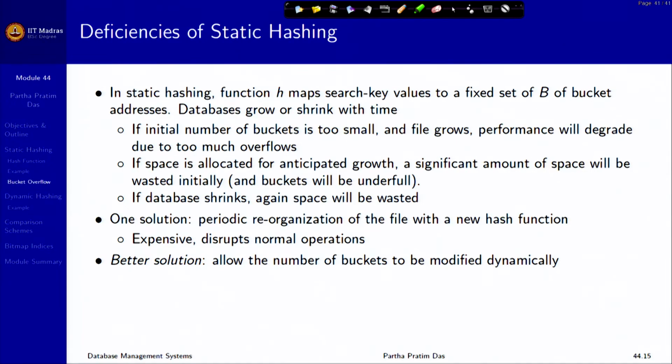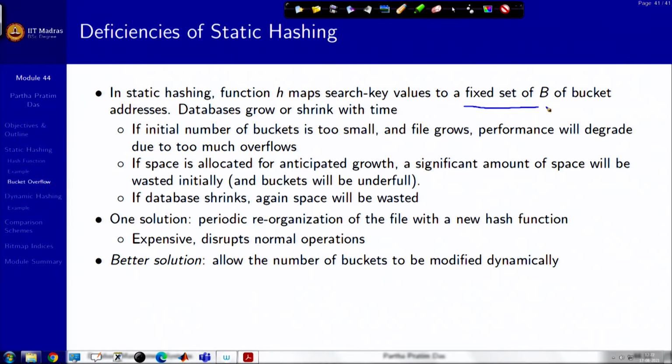As it grows, the performance will degrade. If you allocate initially, in anticipation of growth, these many buckets, then a significant amount of space is wasted initially, and in many cases you do not know what that growth could be. So, the basic problem lies with having to deal with a fixed set of buckets in static hashing.